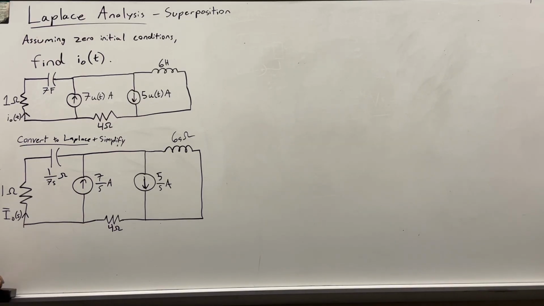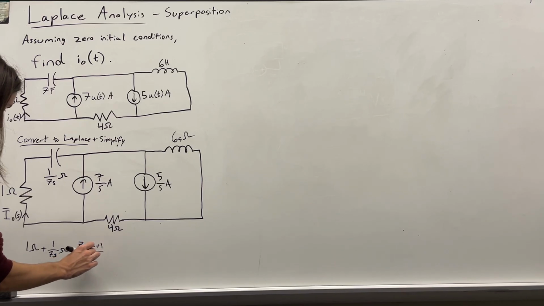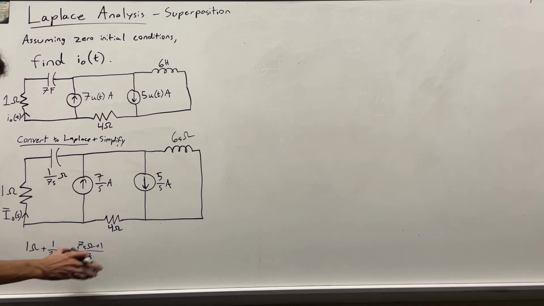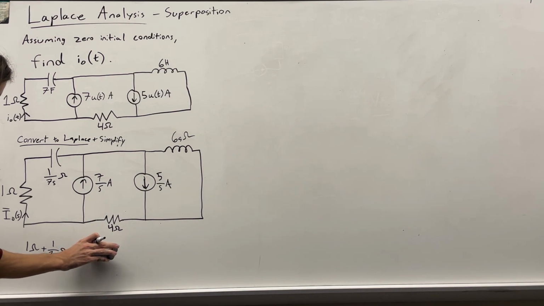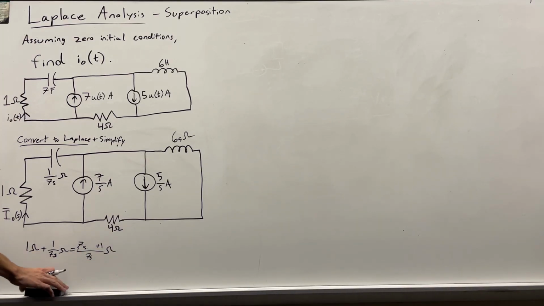So that'll just be 1 ohm plus 1 over 7S ohms, which is equivalent to 7S ohms plus 1 all over 7S. Well, I don't know why I did that. 7S plus 1 all over 7S all ohms.